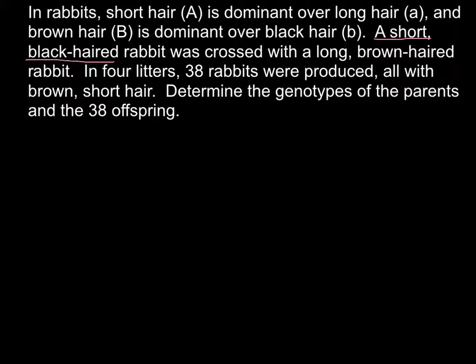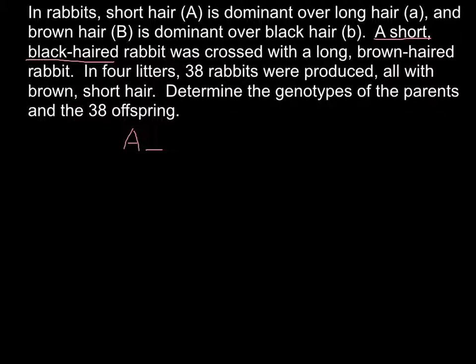Short hair is the dominant trait, so we can put capital A for one allele, and a blank space for the second allele because we don't know whether this trait is homozygous dominant or heterozygous. So the second allele can be capital A or small a.